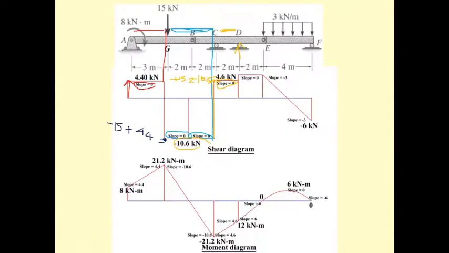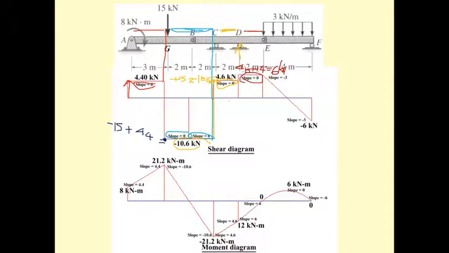So coming over here, the value of this shear is going to be 4.6 plus 1.4, and it's going to be 6 kilonewton. And the slope over here is 0.